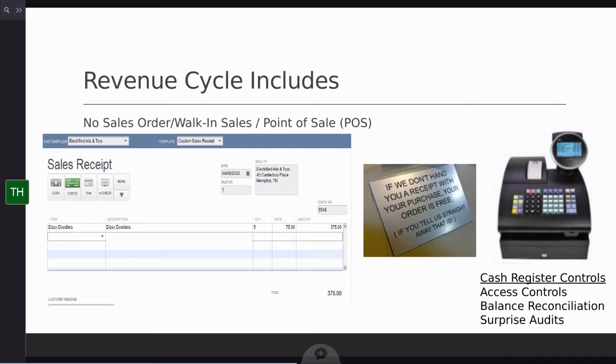So that's a little bit of an auditor's tool that you want to look for in an environment where you've got a cash register. Other cash register controls include the password protection for getting into the cash register itself and making sure that if you're the person working the register, you're the only one doing it. So if someone else comes in and does a transaction, they have to put in their code so that we know it's that someone else who did the transaction.